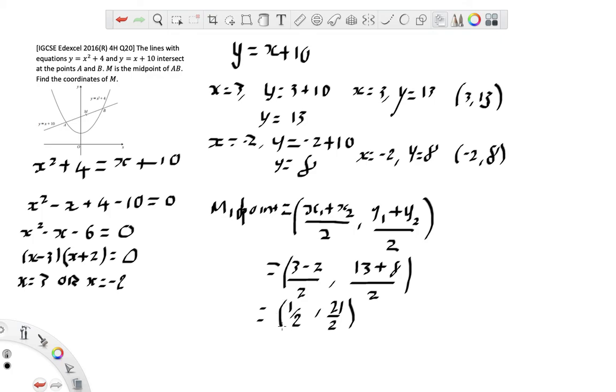We can leave the answer as 21 divided by 2 because that fraction obviously won't simplify any further. Or if you so wished, you could write the coordinates as decimals. So you'd have 0.5 and 10.5, right? So those coordinates that we've worked out are the coordinates of M, which is the midpoint of AB.